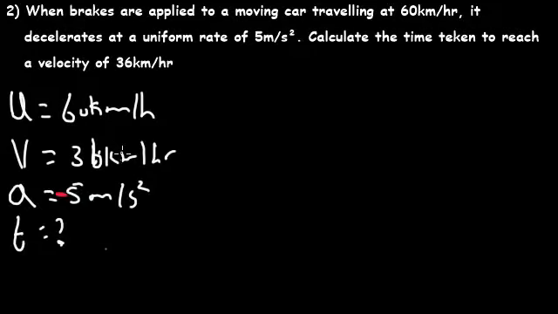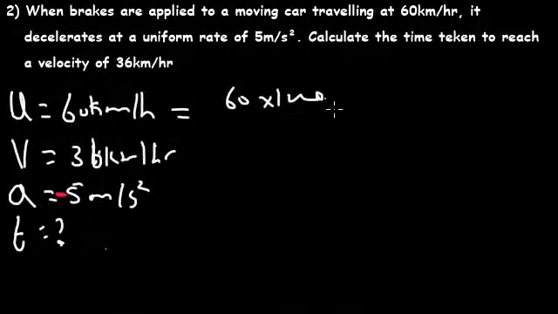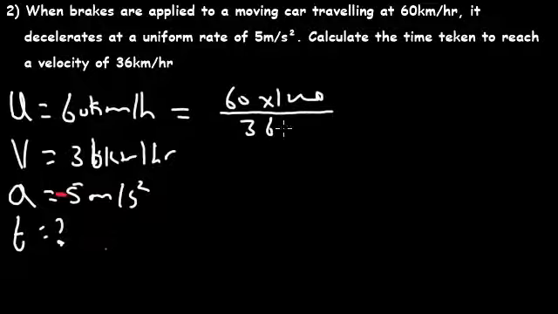Now the goal is to find t, the time taken for this change. And it has to be in seconds because acceleration is in meters per second squared. So these two velocities that are in kilometers per hour, we are expected to convert to what? To meters per second. So just like before, 60 kilometers is the same thing as 60 times 1000 divided by 3600.